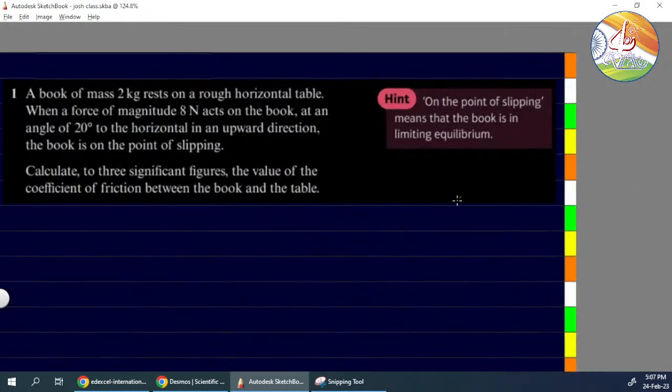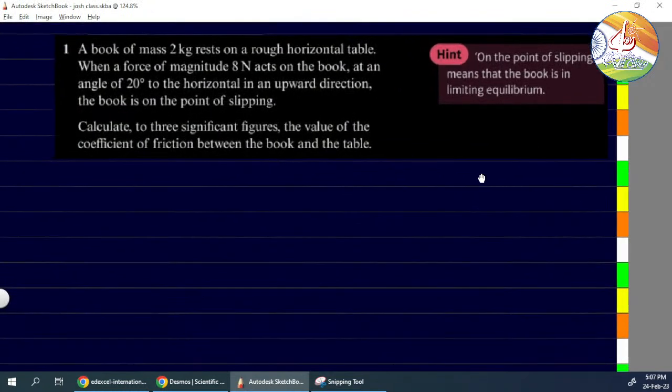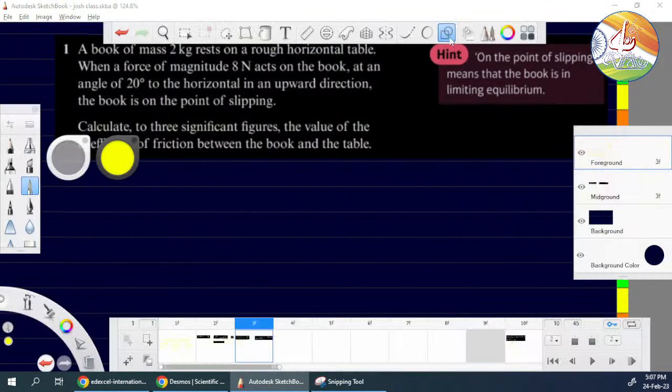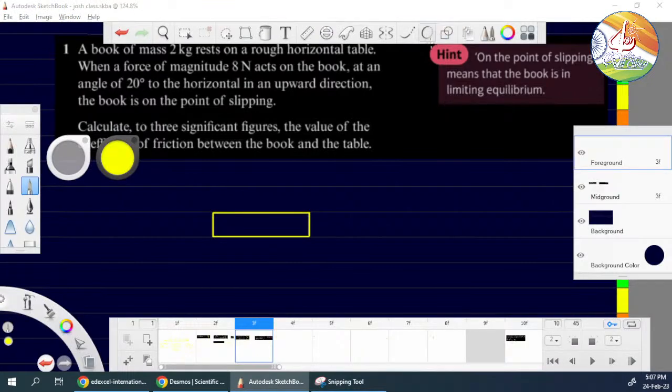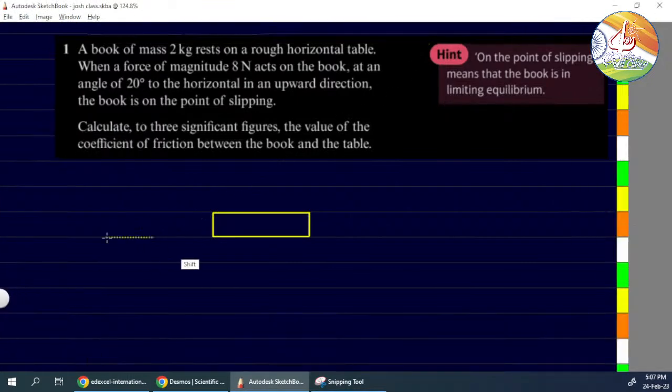So we have a book of mass 2 kg resting on a rough horizontal table. So we have a rough horizontal table on which a book is placed. Let us say this is a book, and let's say this is the surface.